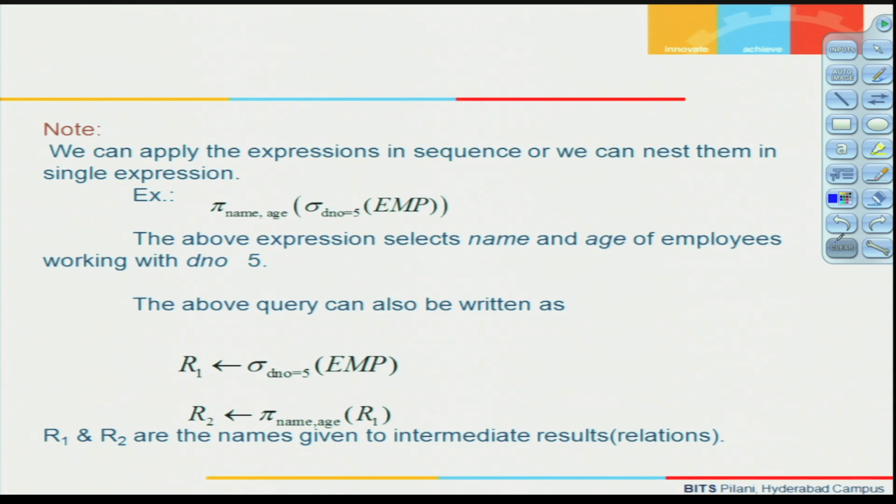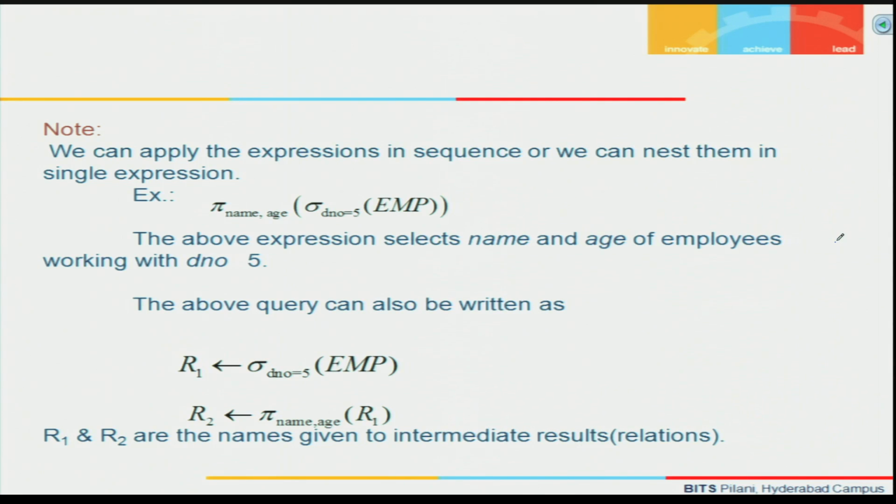We can apply the expressions in sequence or we can nest them in a single expression. For instance, suppose we want to know the name and age of the employees who belong to department number 5. Simple queries may involve only one operation and complex queries may involve more than one.